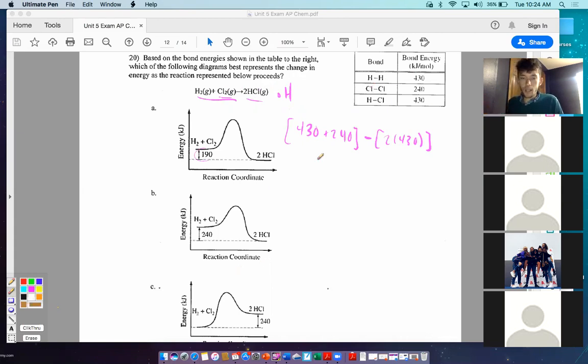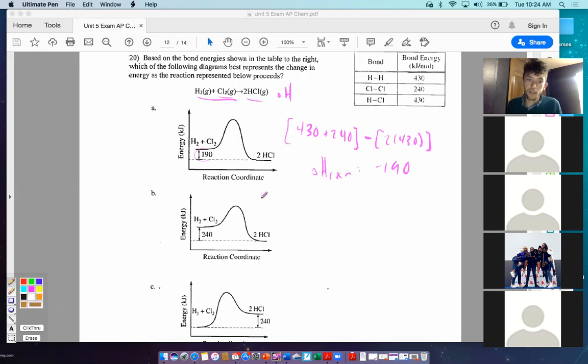And let's see what we get when we do that. 430 plus 240 minus 430 times 2. We get negative 190. So I now know that the overall energy change of this process, the overall delta H of the reaction, is negative 190.